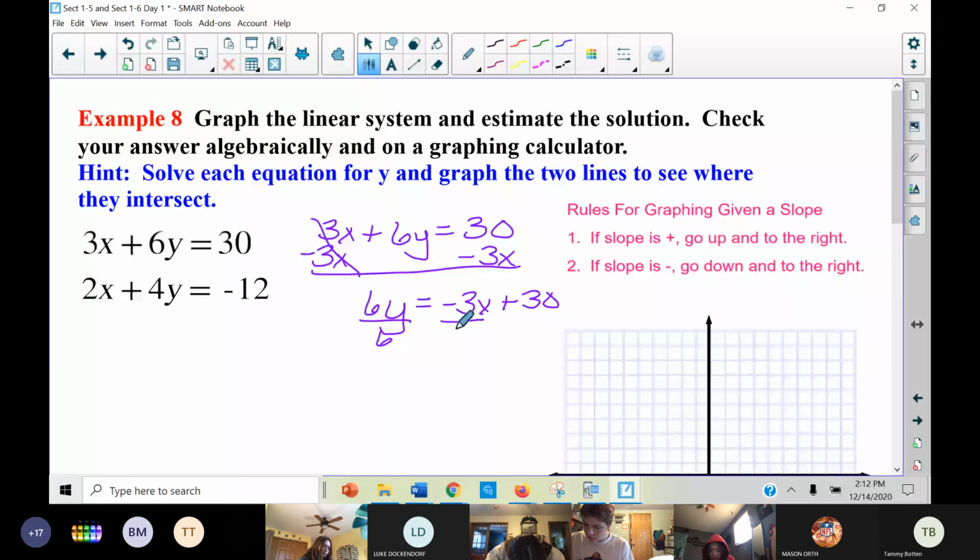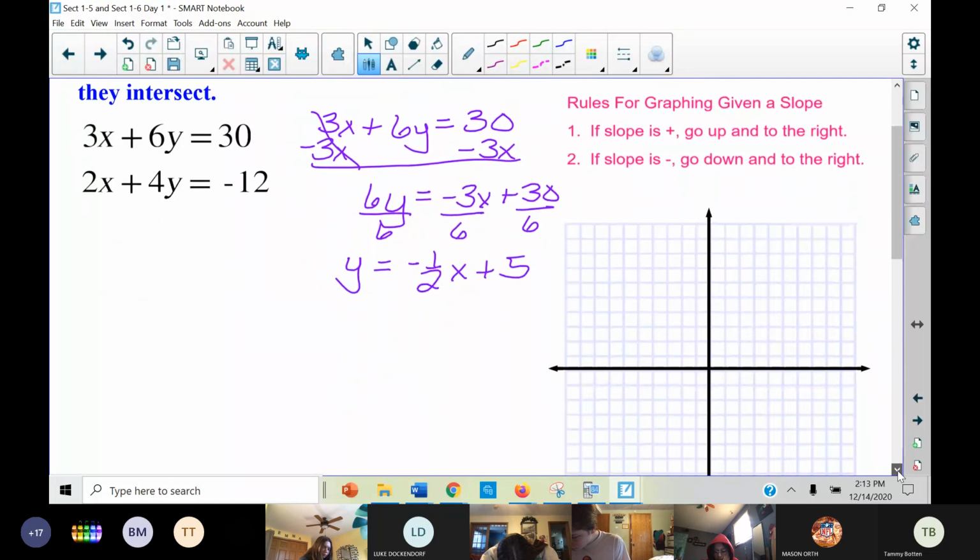Divide by 6, and y equals negative 3 over 6, which reduces down to negative 1/2 x plus 30 divided by 6 is 5. So I'm going to go ahead and graph that line.